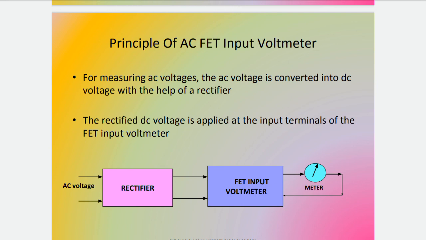You can see in the figure, there are two blocks and one meter. The first block is the rectifier which converts the AC voltage to DC voltage. That rectified DC voltage is applied at the input terminals of the FET input voltmeter, which indicates the unknown voltage. Meter is there.